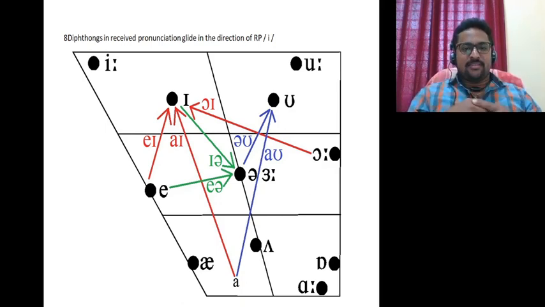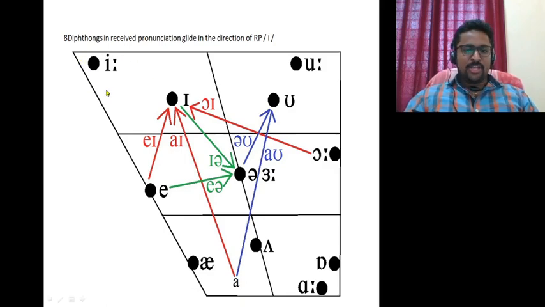It glides. For example, in the previous class we discussed the 12 pure vowels, right? So we know what the pure vowels are, the front vowels and the back vowels, and the very short ones.